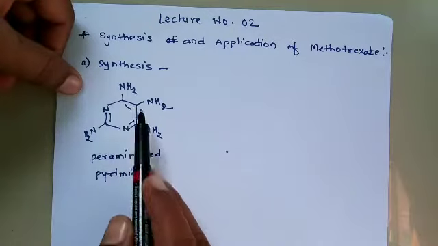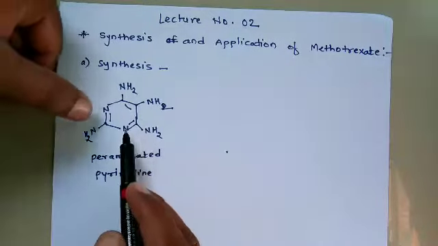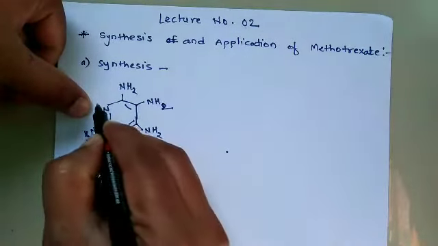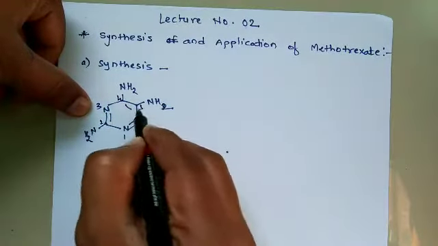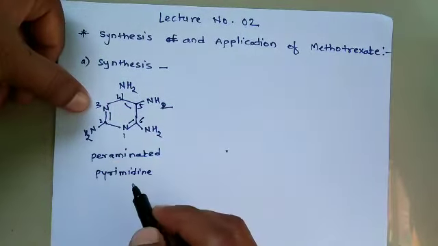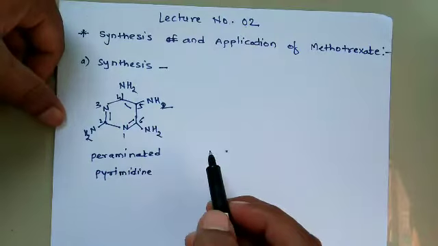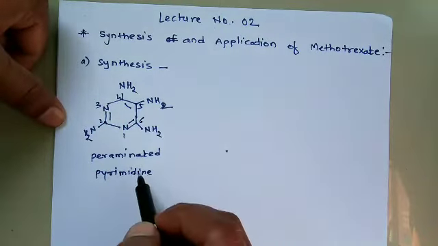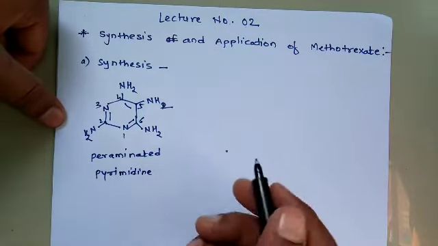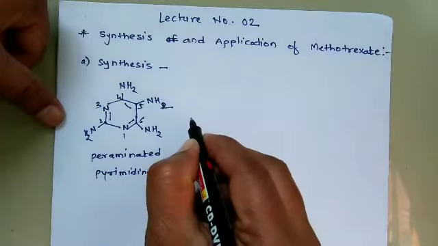In the 6-member cyclic compound, positions 1 2 3 4 5 6, the 1 and 3 positions have a nitrogen, and the second, fourth, fifth and sixth have an amino group, so that is pyrimidine.